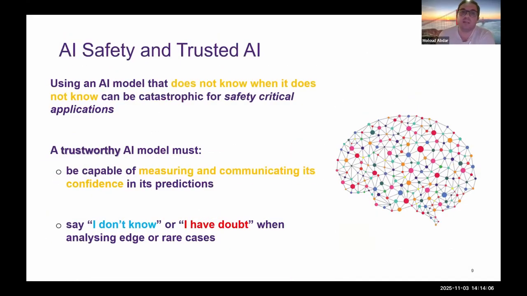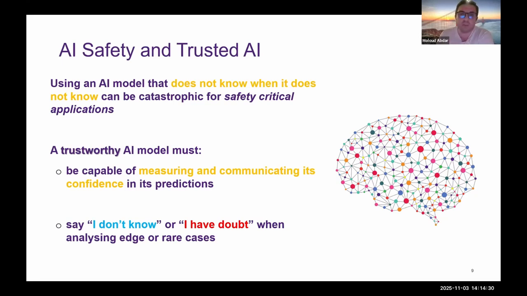So, AI safety and trusted AI. In daily life, when we are using an AI model that doesn't know when it doesn't know, this is the point. Not knowing when it doesn't know can be catastrophic for safety-critical applications like self-driving cars and healthcare.